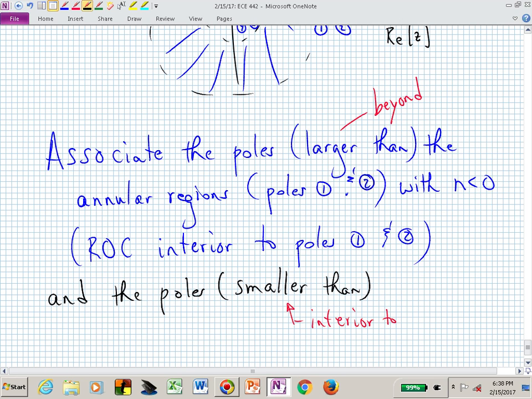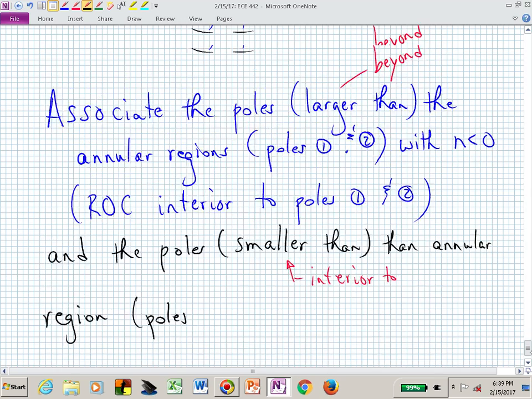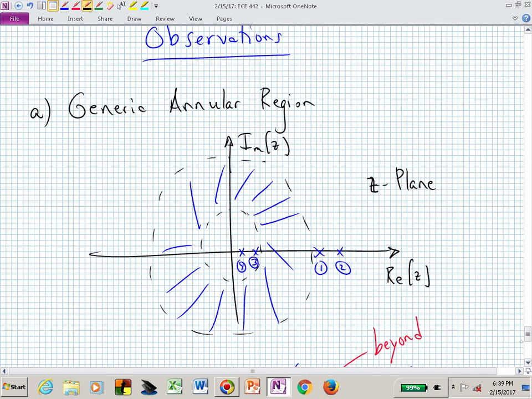So let's say the poles smaller than the annular region, or interior to the annular region. Which poles are those? Which poles are interior to the annular region? 3 and 4.